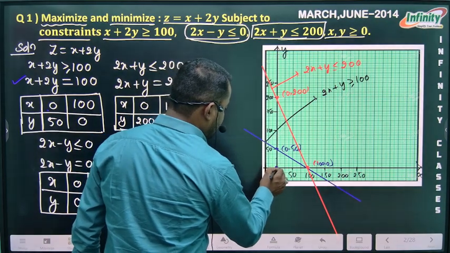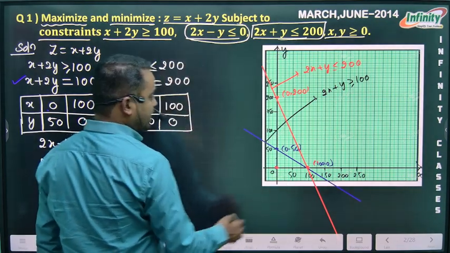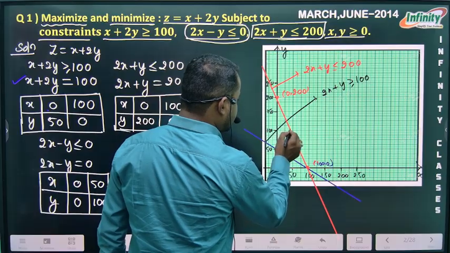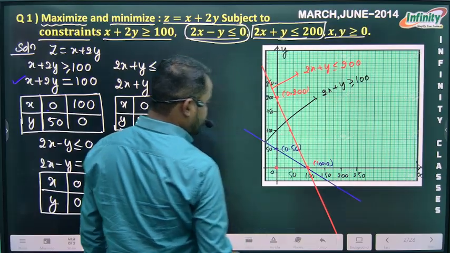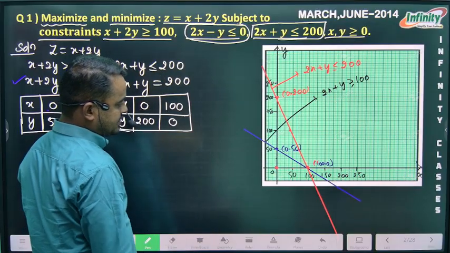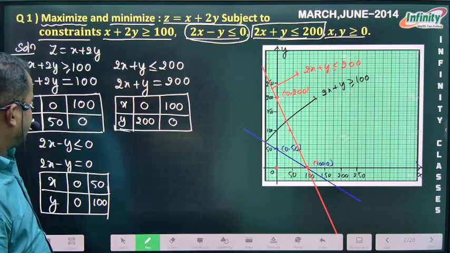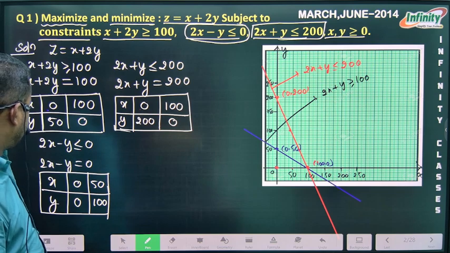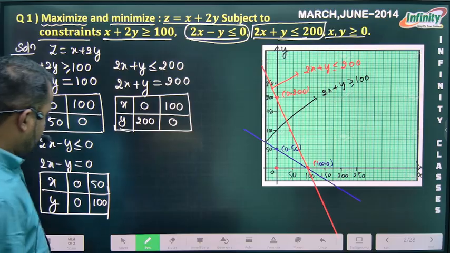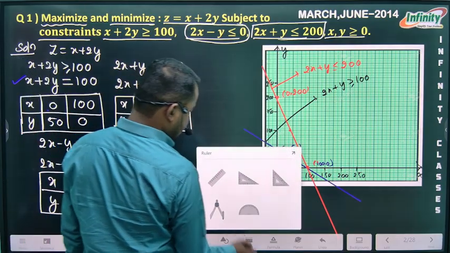When x is 0, y will also be 0. When x is 50, y is 100. 100 comes here. Yes, it passes through the origin. When x is 50, y will be 100. So we have to draw this one.